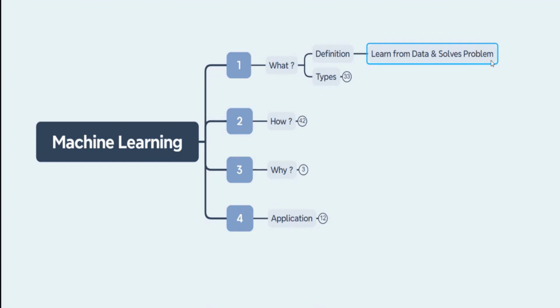For that, what we will do is pass some previously collected data into our machine to make the machine understand the pattern. Once it has understood the pattern, it is able to predict for the new data which we are passing. In this way, we can solve a lot of real-time problems.